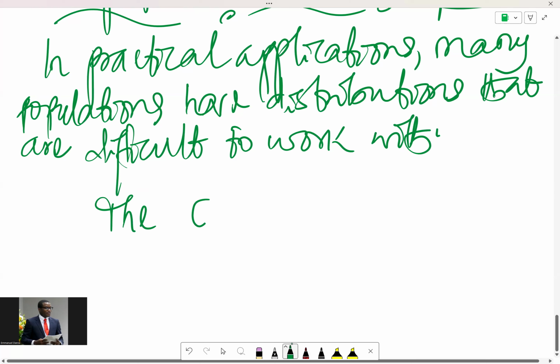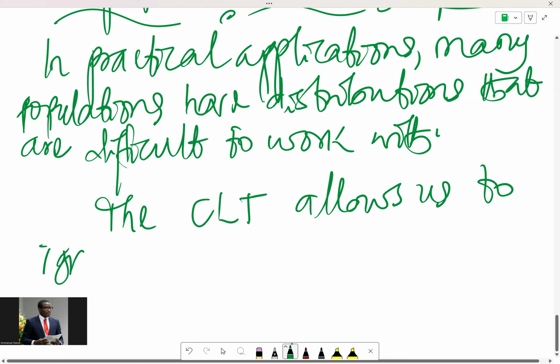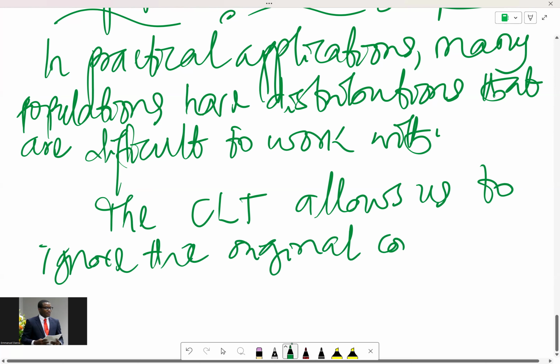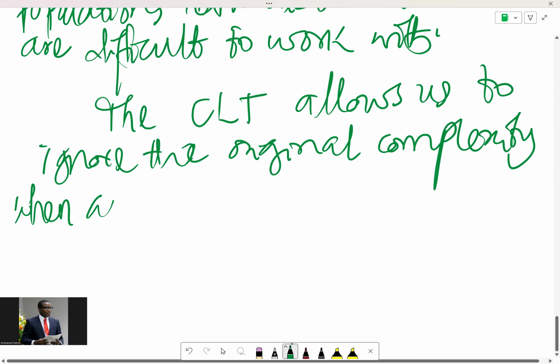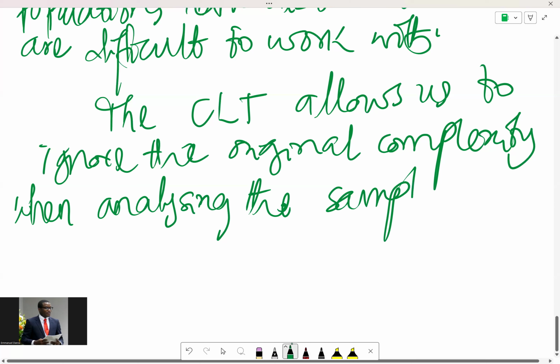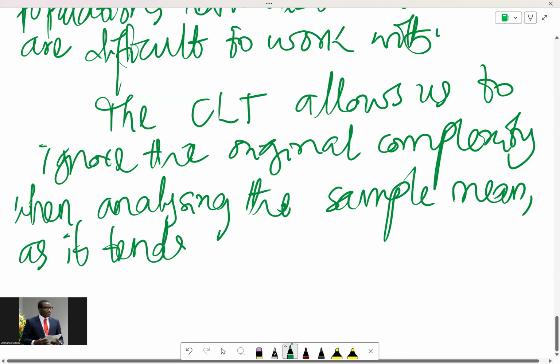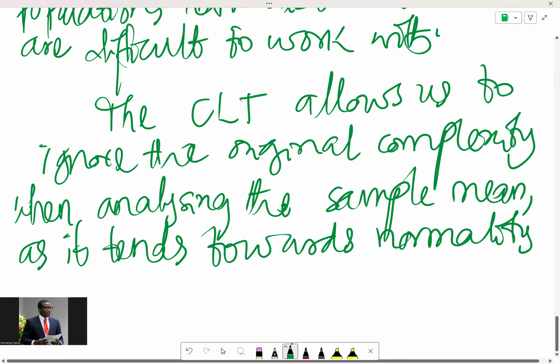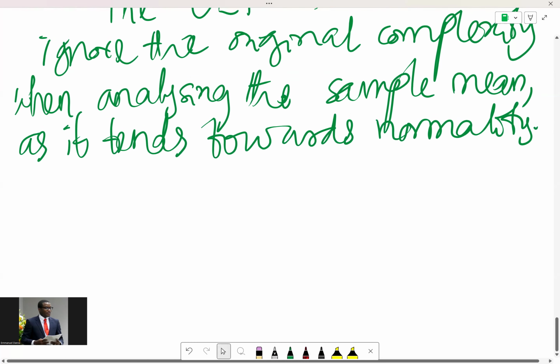The central limit theorem allows us to ignore the original complexity when analyzing the sample mean, as it tends towards normality.